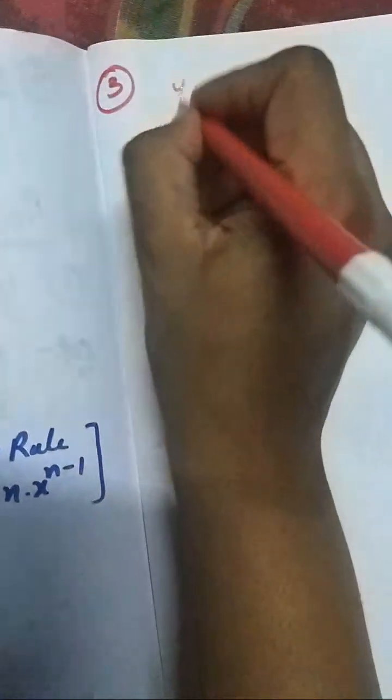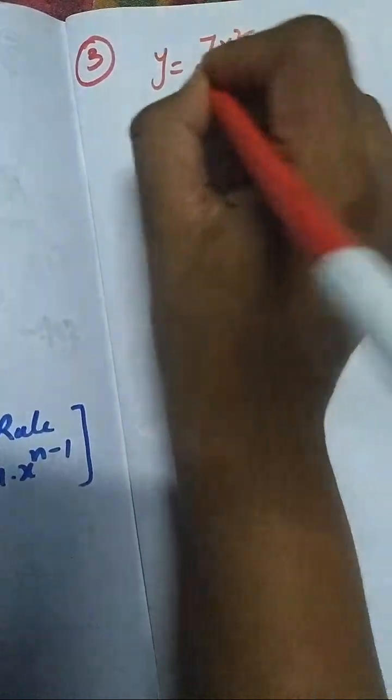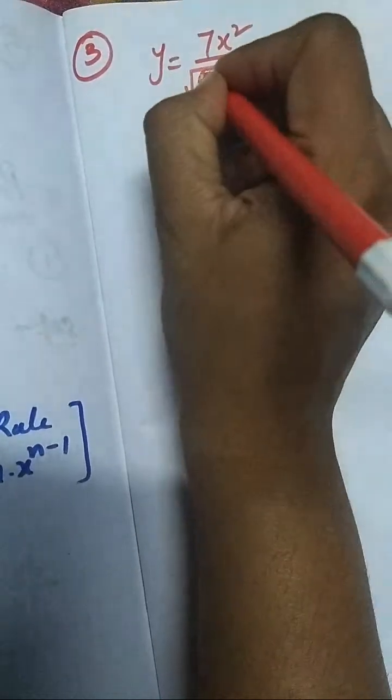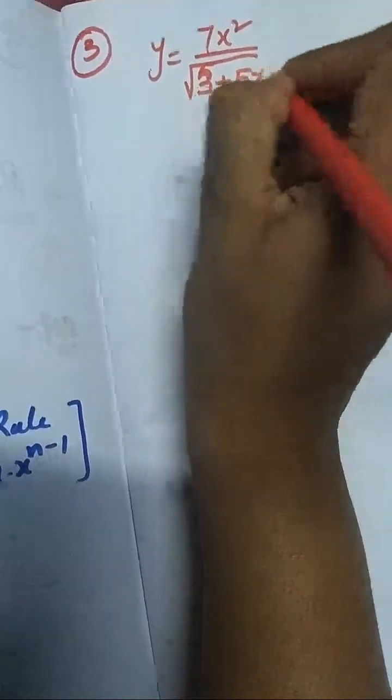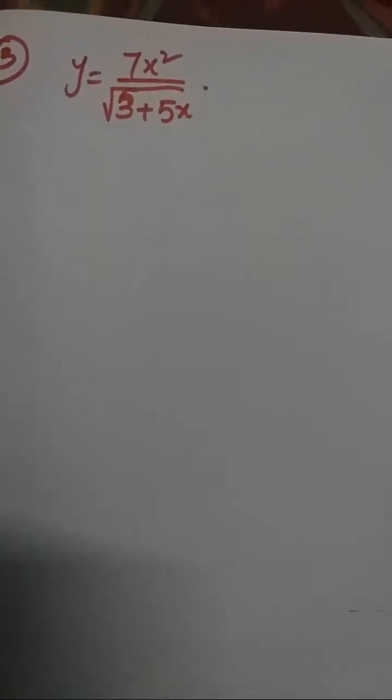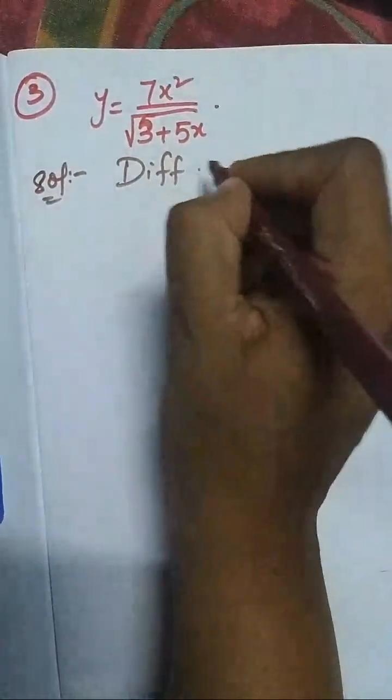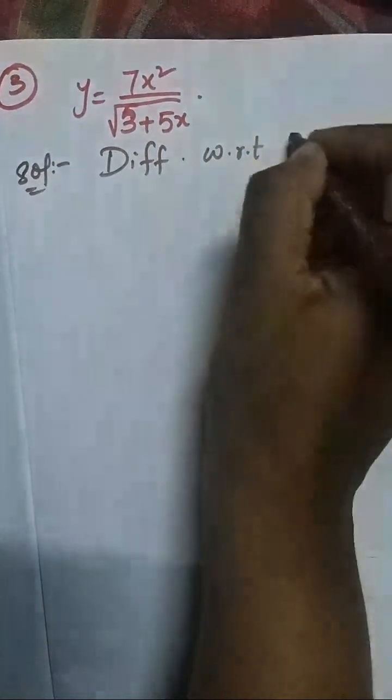Okay, the next third problem given is y equal to 7x square by under root 3 plus 5x. Okay, this is the problem. Now what do we have to do in this solution? Differentiate with respect to x.